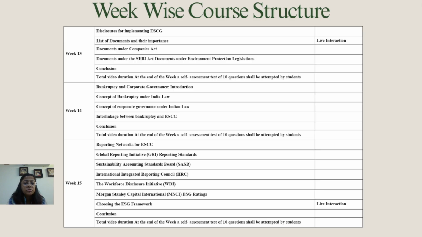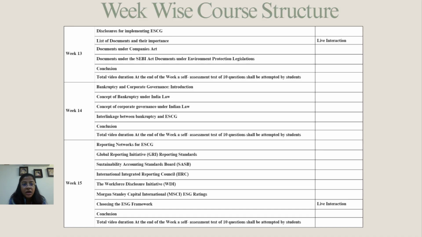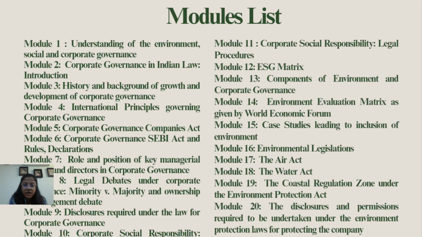We will also be looking at the reporting mechanisms as provided under the Global Reporting Initiative, sustainability accounting standards, etc. And we will also look at the manner in which bankruptcy and corporate governance impact the manner in which the environment, social, corporate governance mechanisms and the linkages thereof are being implemented. For brevity, I have extracted a module list in which all the 40 modules that will be covered in the course have been identified.